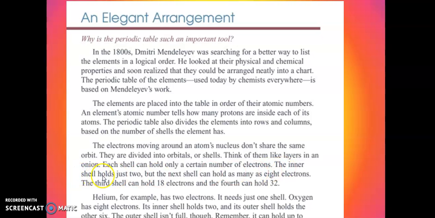The inner shell holds just 2, but the next shell can hold as many as 8 electrons. The third shell can hold 18 electrons, and the fourth can hold 32. Pay attention to this part. This is the answer to some questions in the classwork.